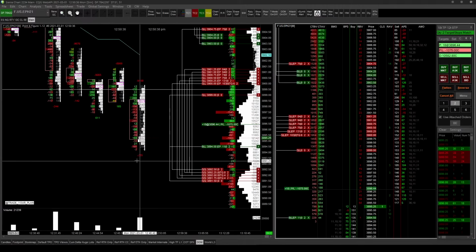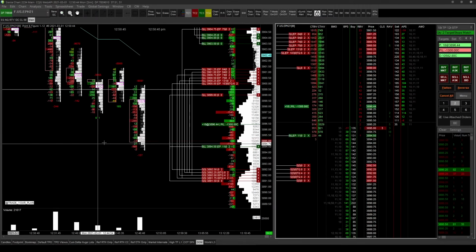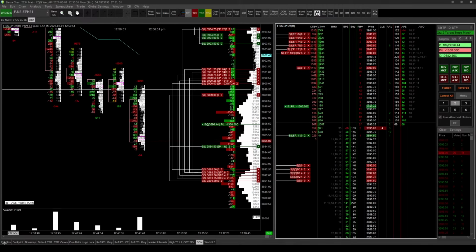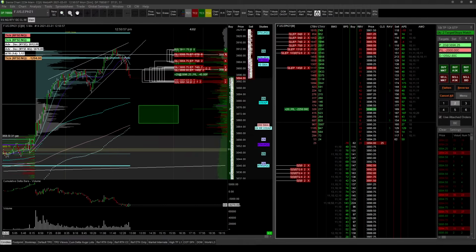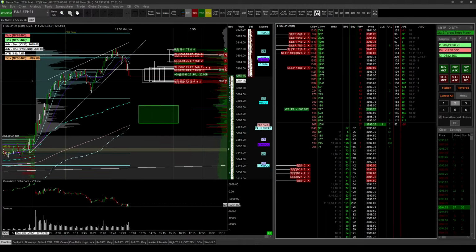Node up here. If we rip this, stops are gone. 99.75. But that's the question. Can we get over this hump? '92s.